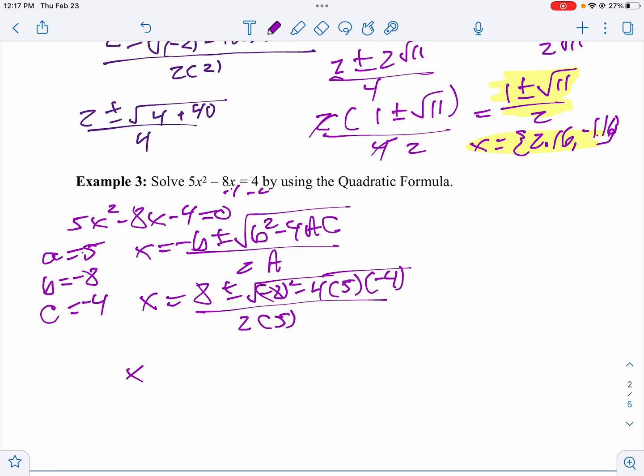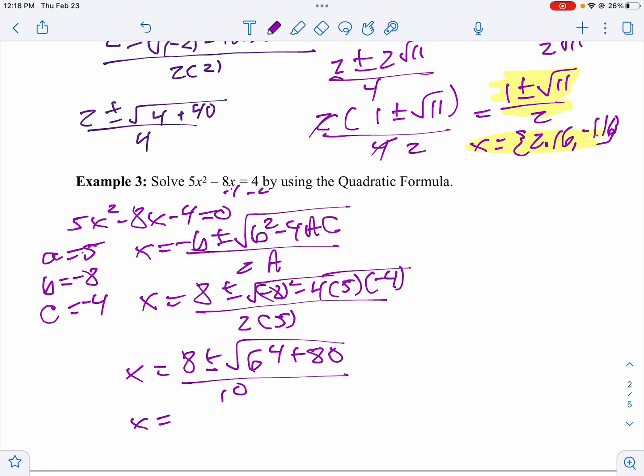Now we'll simplify that, so I get 8 plus or minus negative 8 squared is 64. A negative times a positive times a negative is a positive. 4 times 4 is 16. 16 times 5 is 80. Or 4 times 5 is 20, times 4 is 80. All over 2 times 5, which is 10.